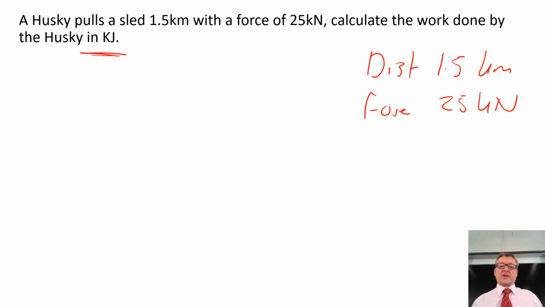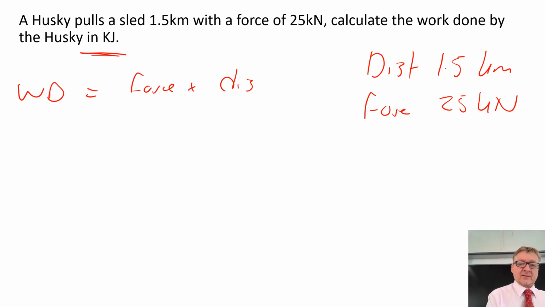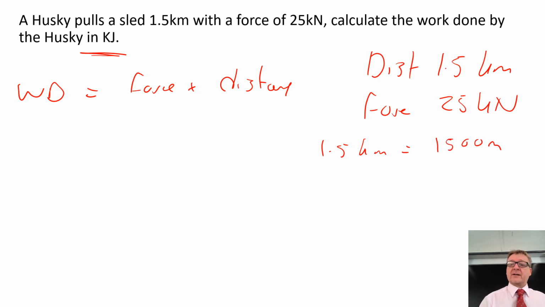Okay, there's lots of kilos going on here, so we've just got to follow the pattern. Work done equals force times distance. Now we've got to convert. So 1.5 kilometers equals 1,500 meters. You just got to follow the pattern every single time.